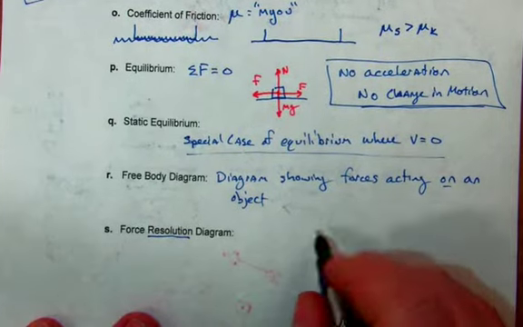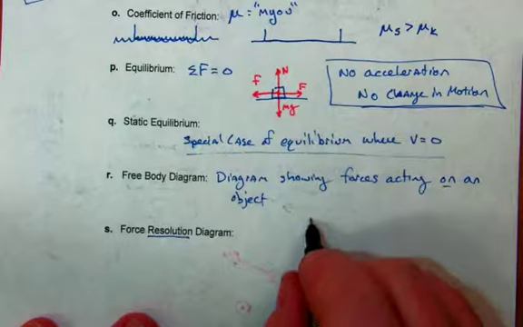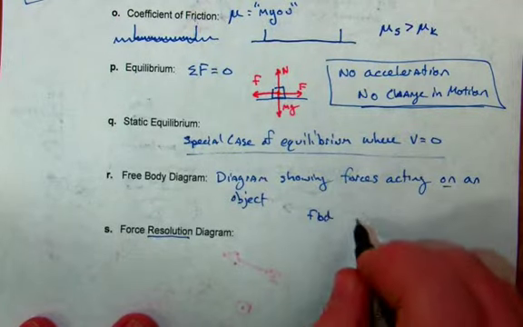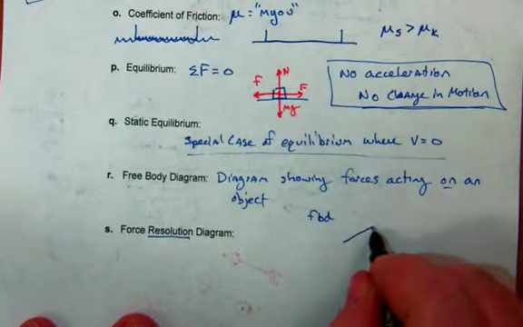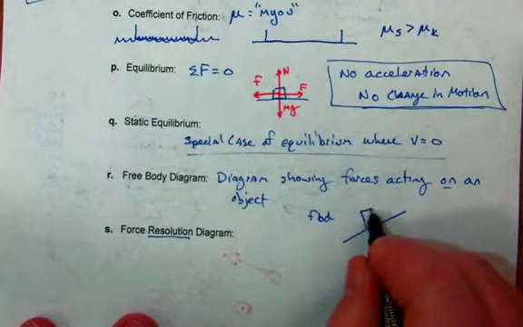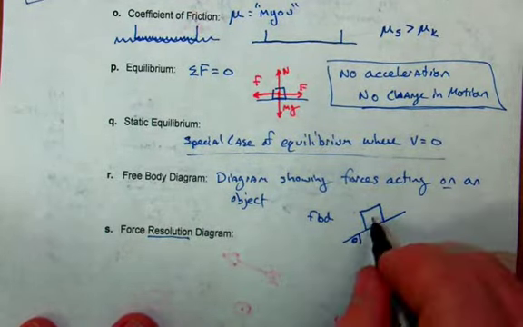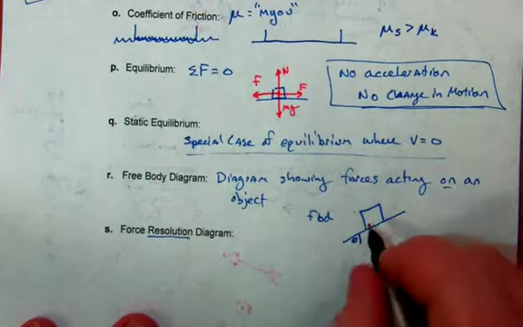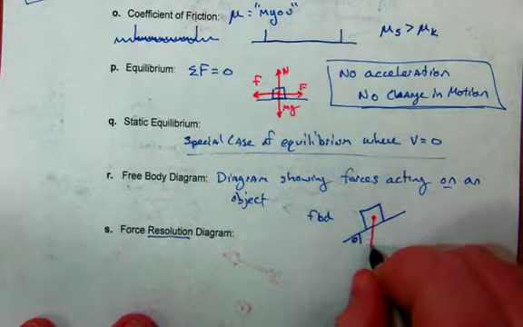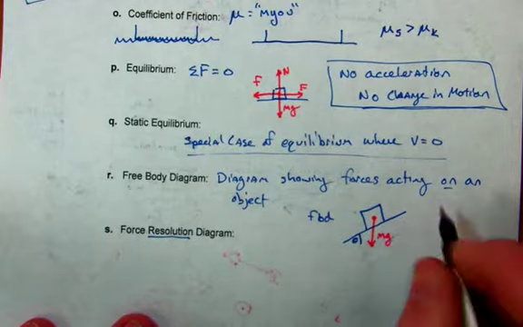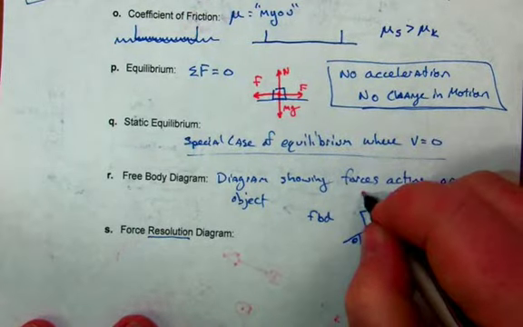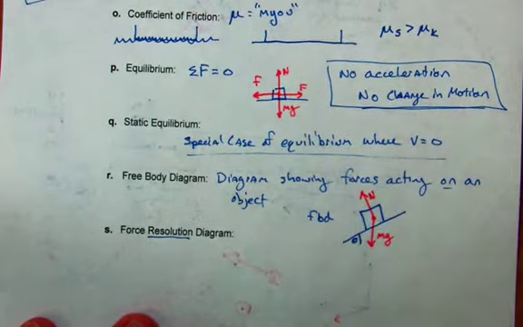So let's say I have a free body diagram, or an FBD, of a block on a ramp that makes an angle theta with the ground. I could start drawing forces on this diagram. So you have weight, which is mg. You have normal force, which is perpendicular.